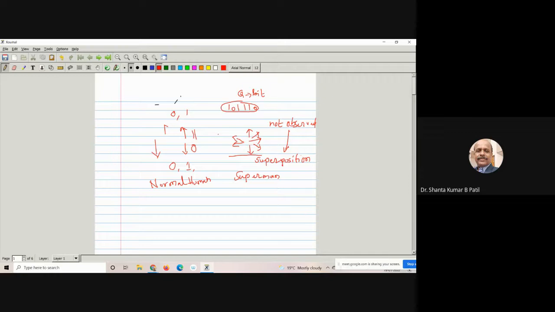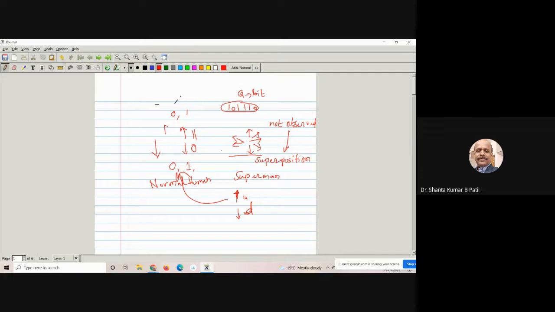Observed means, for example, if you are supplying electrical voltage to the quantum molecule, once it gets the electrical supply, it can move either upward or downward. Upward and downward is almost like the binary numbers.